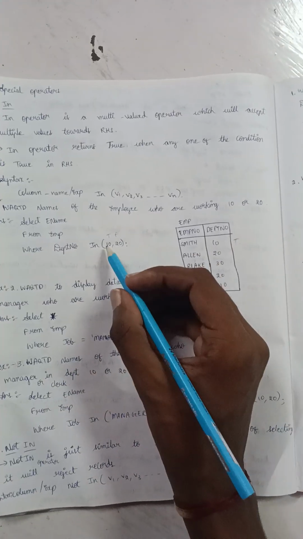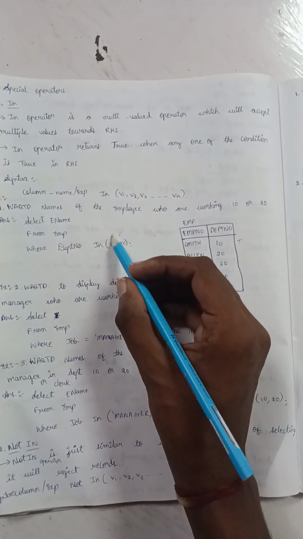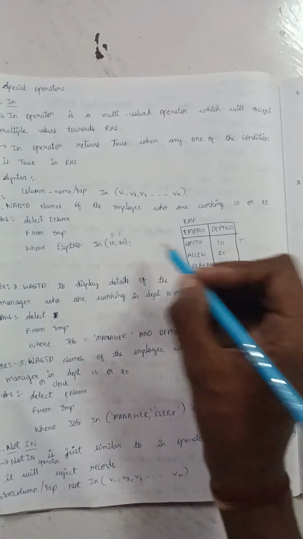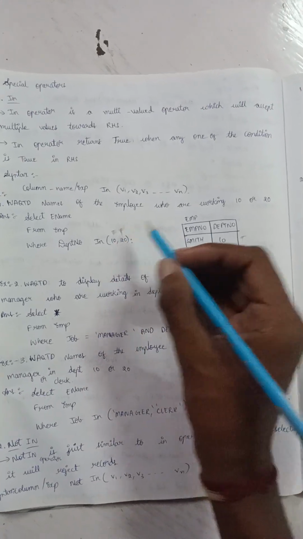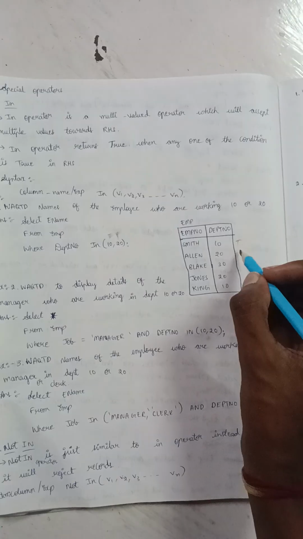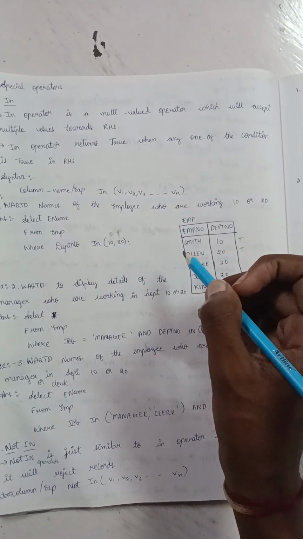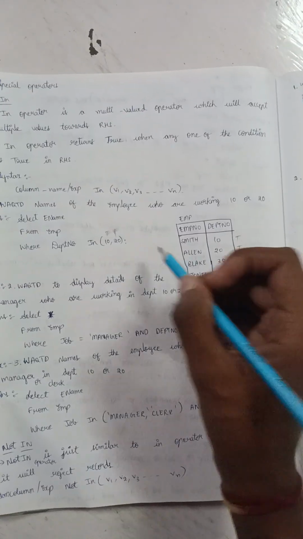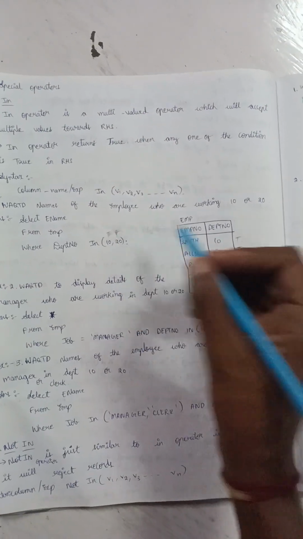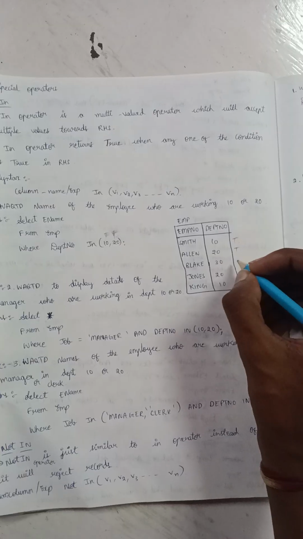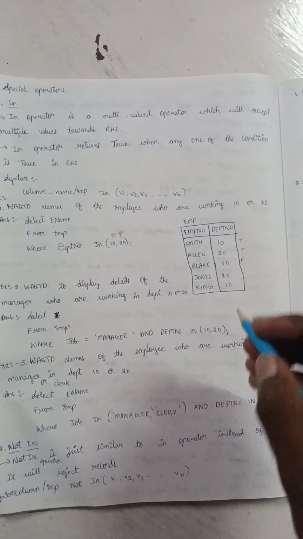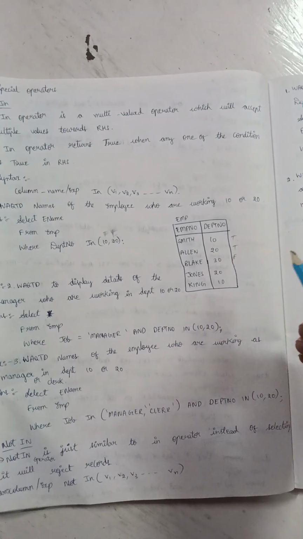And 20 is not equal to 10, so false, but 20 is equal to 20, true, so one condition is true. And 30 is not equal to 10, false, and 30 is not equal to 20, false, so we can't get this value. Like that, all the values will be checked.